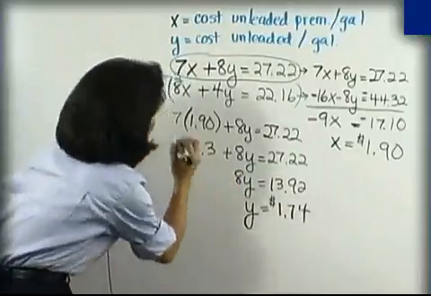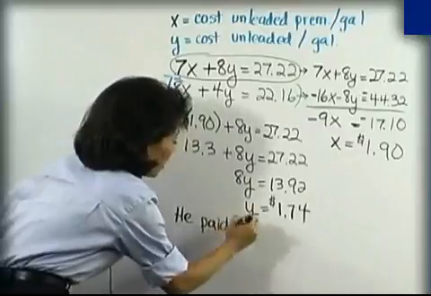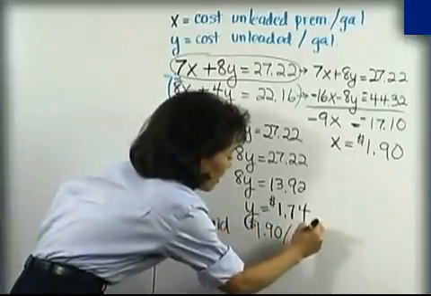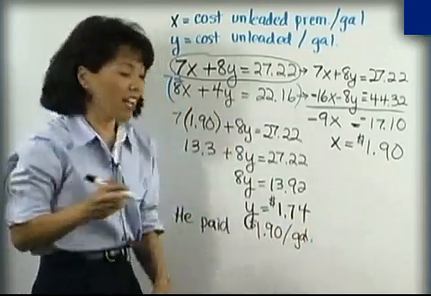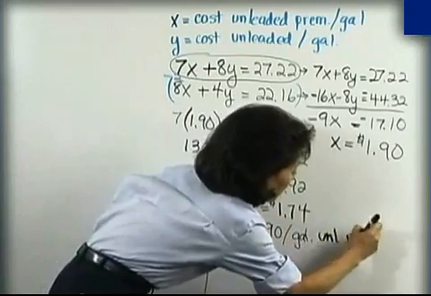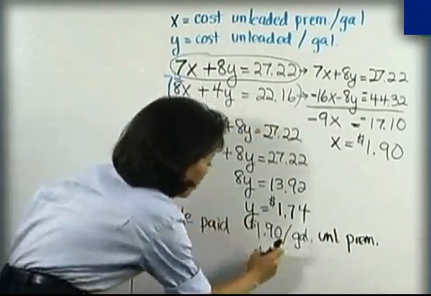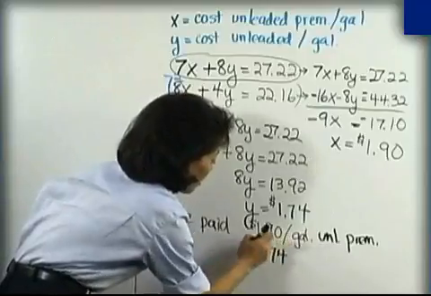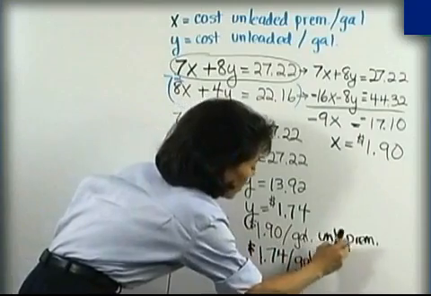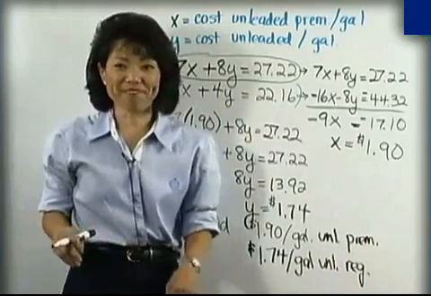So in this particular problem, we'll say that he paid $1.90 per gallon, and this was for the more expensive gas. We'll call this the unleaded premium. And on the other hand, we found out that he paid $1.74 per gallon of our unleaded regular gasoline.